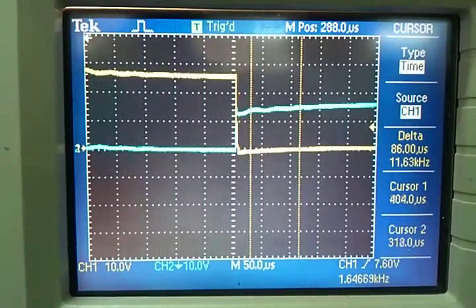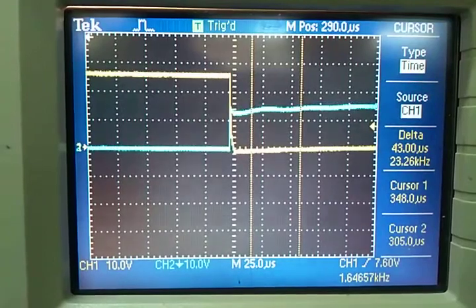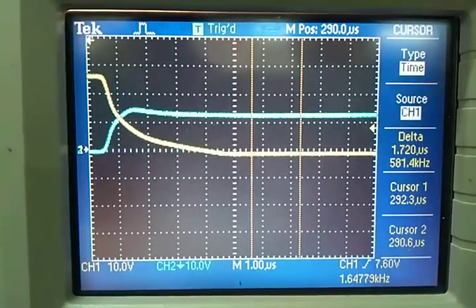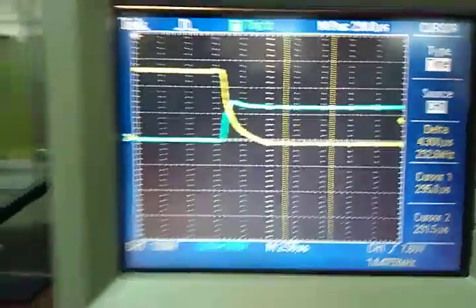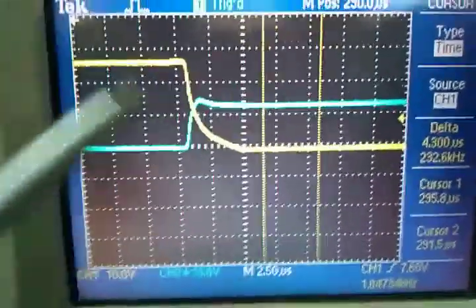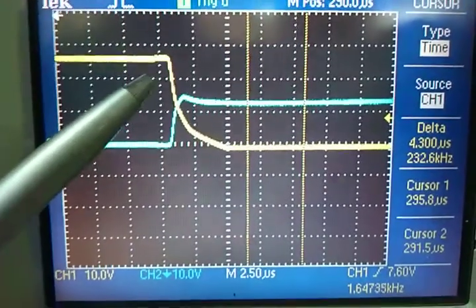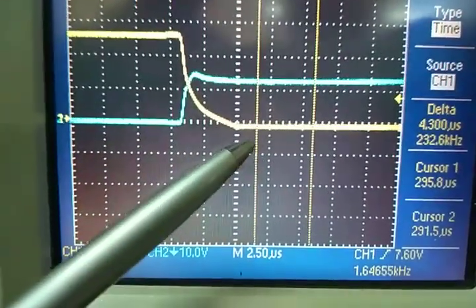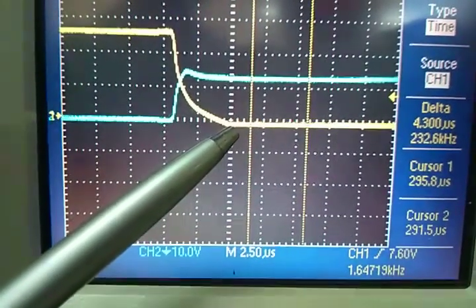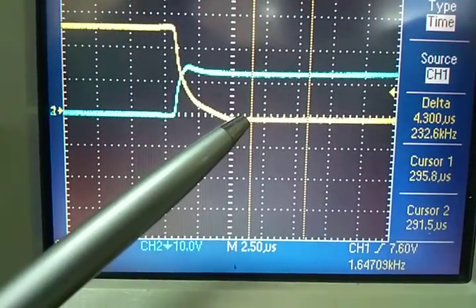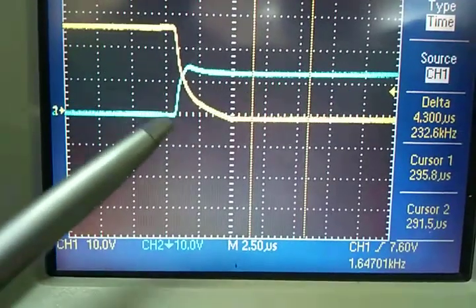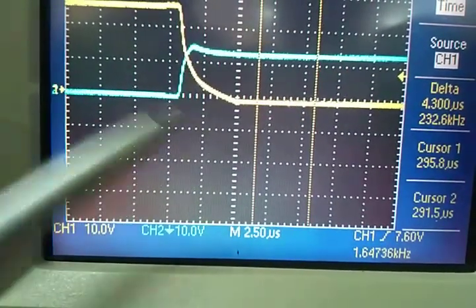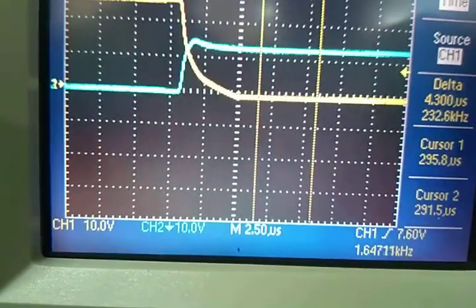Okay, so this is the turning on instant. We will also zoom it further. You can see that during the turn on, your voltage across the MOSFET, when it is off, goes to the value of the voltage drop across the MOSFET, which is almost negligible. And secondly, the current goes from the leakage value to the full current. So you can measure that with the help of your cursor also.